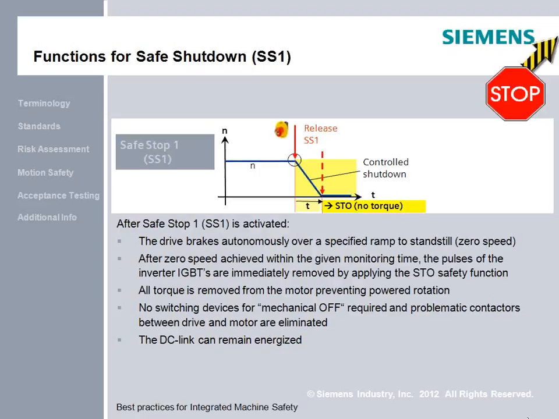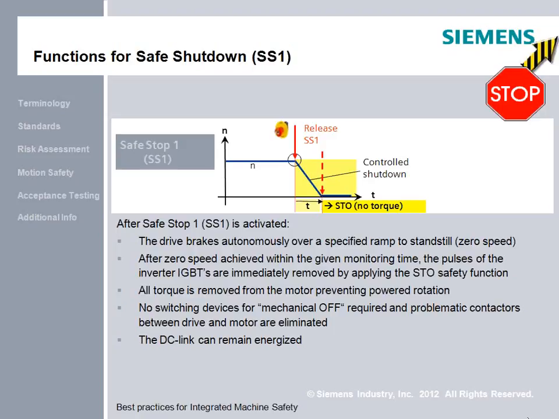Safe stop 1, if we remember, is to bring, in this case, the servo motor to a stop, and after a predetermined time interval or reaching a stop condition, transition to a freewheel or safe torque off condition. Same situation: the control system drives a set point of 0 or brings the servo motor or axis to a stop.